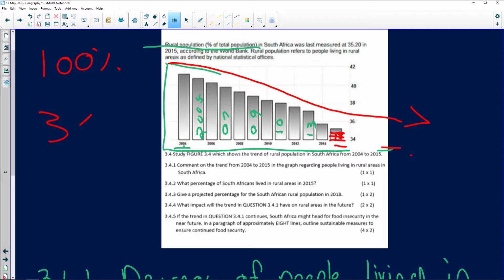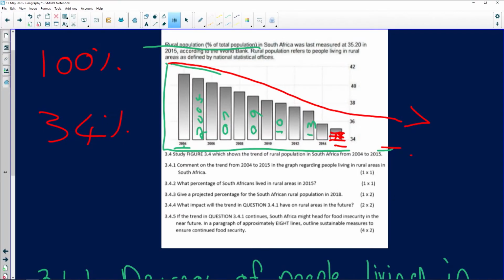Only 34% of the people in South Africa is going to be left in our rural areas. So 100 minus 34 gives us 66% of the total population of South Africa that is going to be urbanized. It means 66% of all the people in South Africa is going to live in major cities such as Johannesburg, Bloemfontein, Pretoria, Durban, Cape Town, etc.